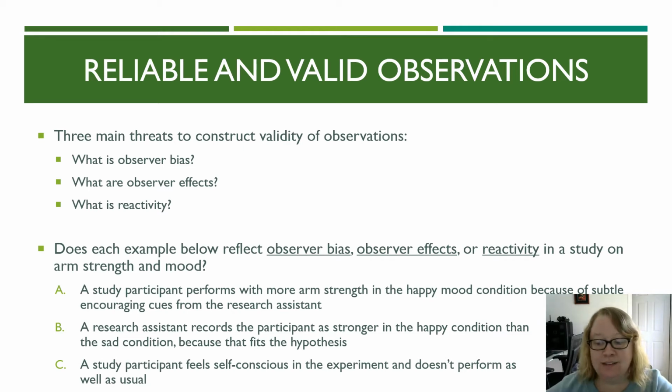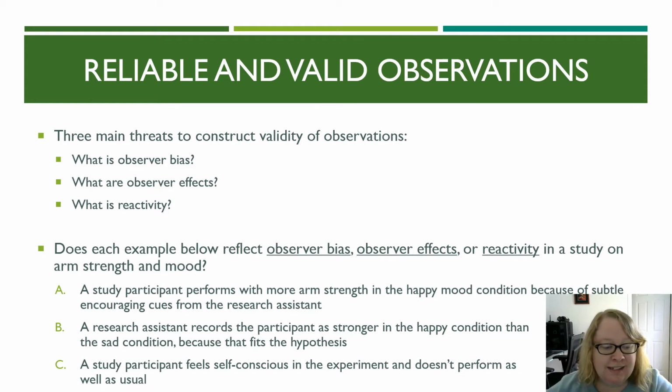So in this case, the observer, the researcher, knows the hypothesis, and they observe behavior that fits it. So it's not literally what's happening, it's the observer's bias. The observer is seeing what they expect to see. It's like confirmation bias. If you remember back to the intuition biases earlier in the semester, this is basically confirmation bias. You're seeing what you think you're going to see, and so that's what you record. But it's not necessarily the truth.